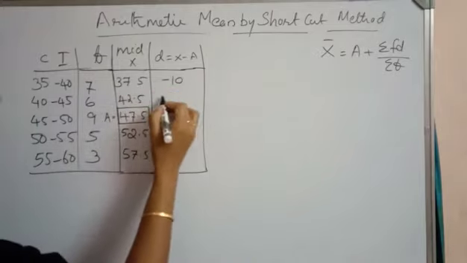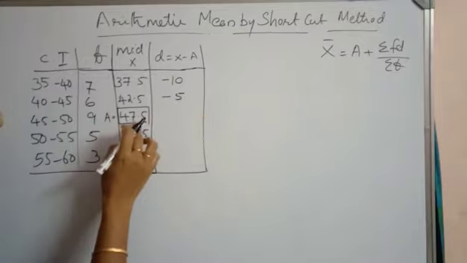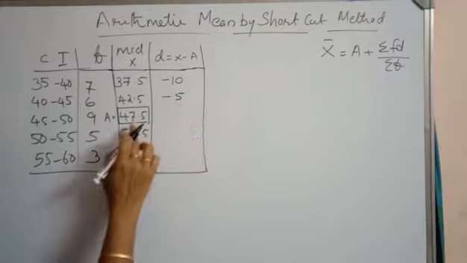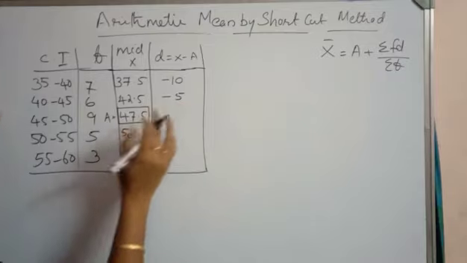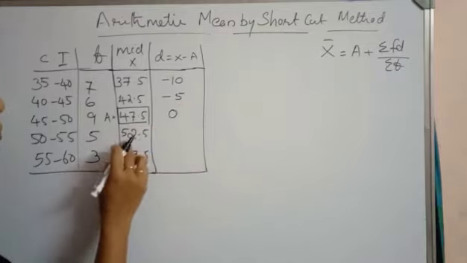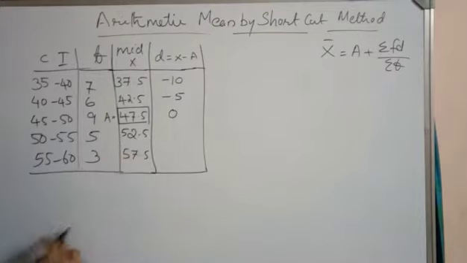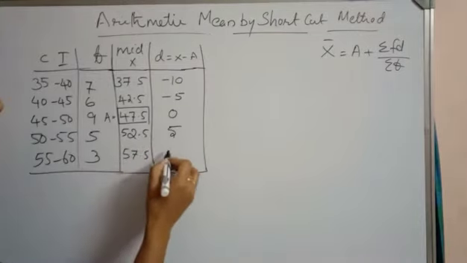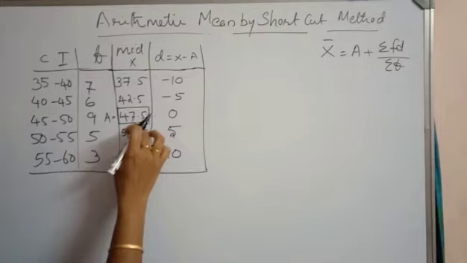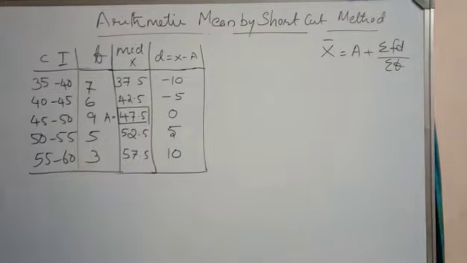And this will be minus 5. 42.5 minus 47.5 is minus 5. 47.5 minus 47.5 is 0. And 52.5 minus 47.5 is 5. And this will be 10. The difference between 47.5 and 57.5 is 10. So these are the deviations that you are getting.